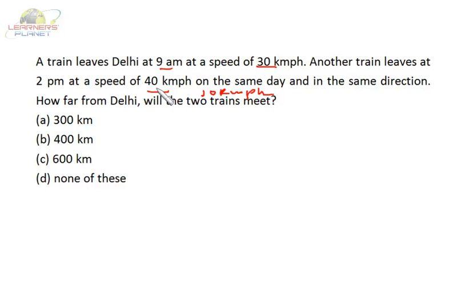After 15 hours, the train will have run 600 kilometers, that is 40 kilometers per hour for 15 hours. So they are going to meet at 600 kilometers from Delhi. Very simple problem, very simple concept. If you are conceptually clear about relative speed, nothing can stop you.